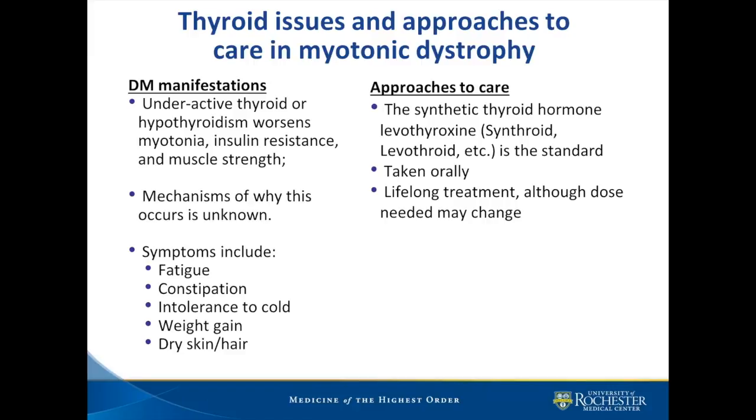Very often that's not fully corrected when you restore normal thyroid hormone levels. Now, it's not clear why hypothyroidism of this sort worsens myotonic dystrophy. It's an opportunity for us to explore further and to also clarify exactly how many patients with myotonic dystrophy type 1 and 2 actually do have hypothyroidism.